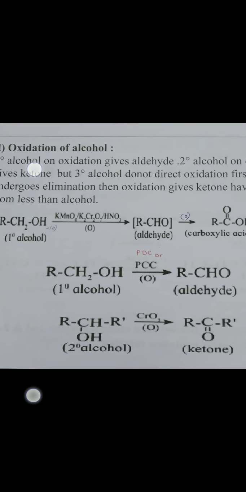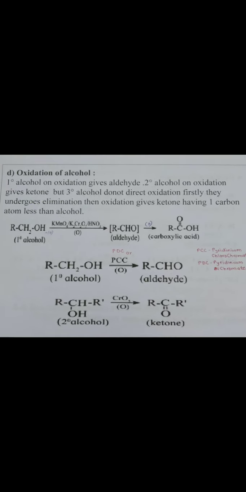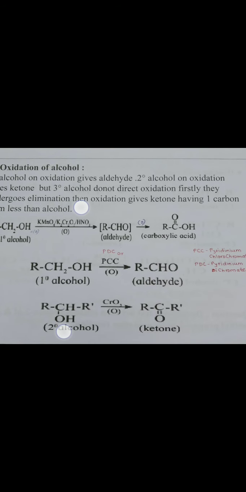We can use catalysts such as PCC or PDC. Primary alcohols RCH2OH in the presence of PCC or PDC give RCHO, that is the aldehyde. When we use the catalyst PCC, pyridinium chlorochromate, it gives only the aldehyde.